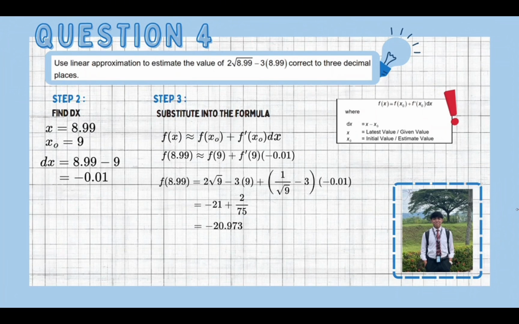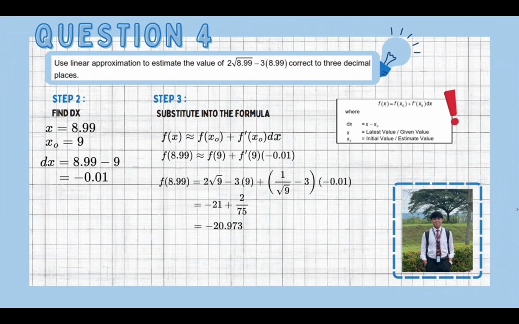Step 3. We need to substitute into the formula, and as we can see, the formula is f(x) equals to f(x naught) plus f prime x naught dx. So for this formula, we need to replace our f(x) function equation and f prime x equation into the formula, which is our f(x) equation is 2 square root of x minus 3x, and the f prime x formula is 1 over square root of x minus 3, and we need to substitute the value of x naught.